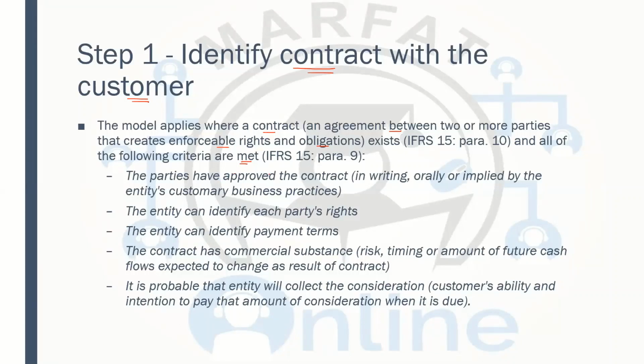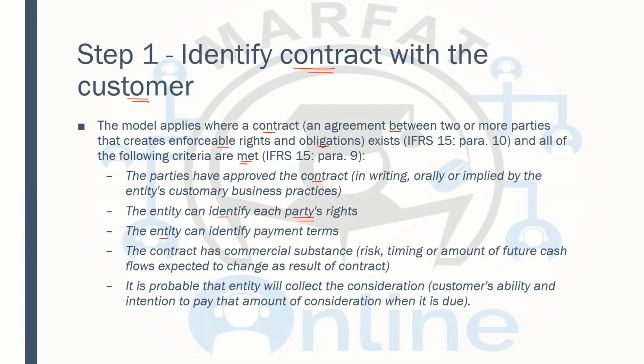The first thing: the parties have approved the contract. And you know from your law paper, a contract can be in writing, it can be a verbal contract, it can be an oral contract. The entity can identify each party's rights, the rights of party 1 and the rights of party 2. Both of the rights are defined in the contract.